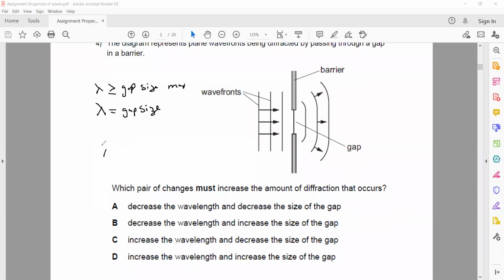When the wavelength is smaller than the gap size, it will be minimum. Here we have curves, showing more spreading, and straight lines, which show less spreading of the wave.